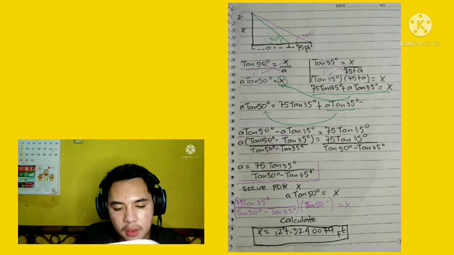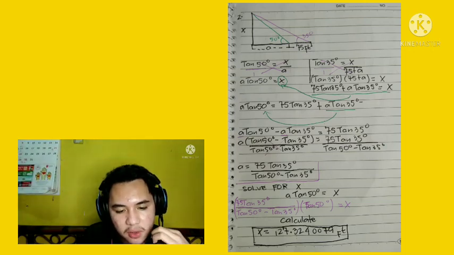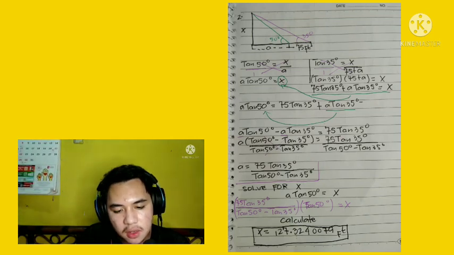So it will become negative. So a tangent 50 degrees minus a tangent 35 degrees equals 75 tangent 35 degrees. To solve this, we put it this way: a times tangent 50 degrees minus a times tangent 35 degrees equals 75 tangent 35 degrees.